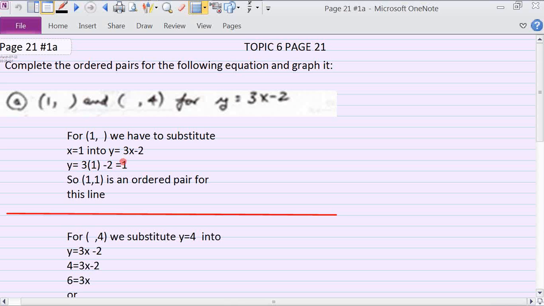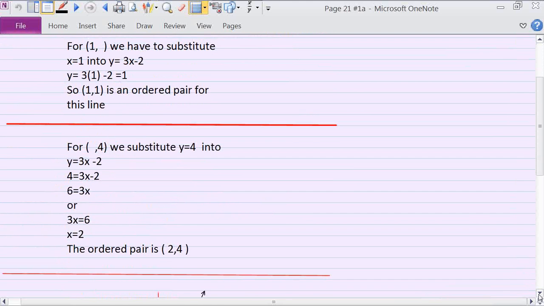Minus 2 is 1. So when x is 1, y is also 1. So now we know here the x is 1, and we found that y is 1. So we know one ordered pair. And we need 2 points to draw a line.